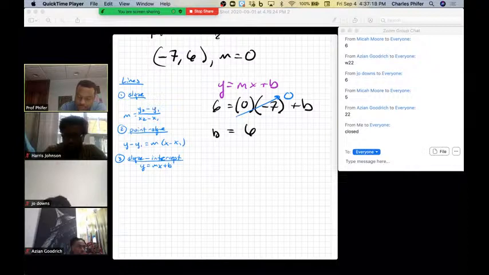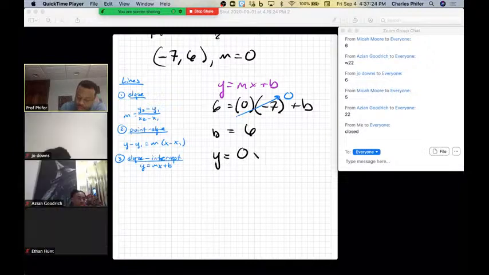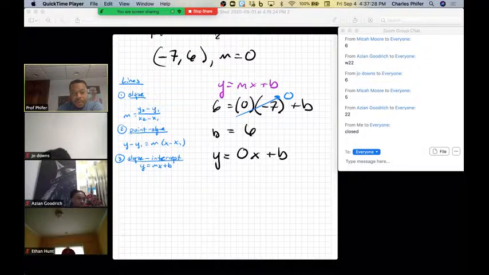That means we have y equals 0x plus 6. But 0 times any real number is 0, so this is ultimately just y equals 6. This is a horizontal line through y equals 6.